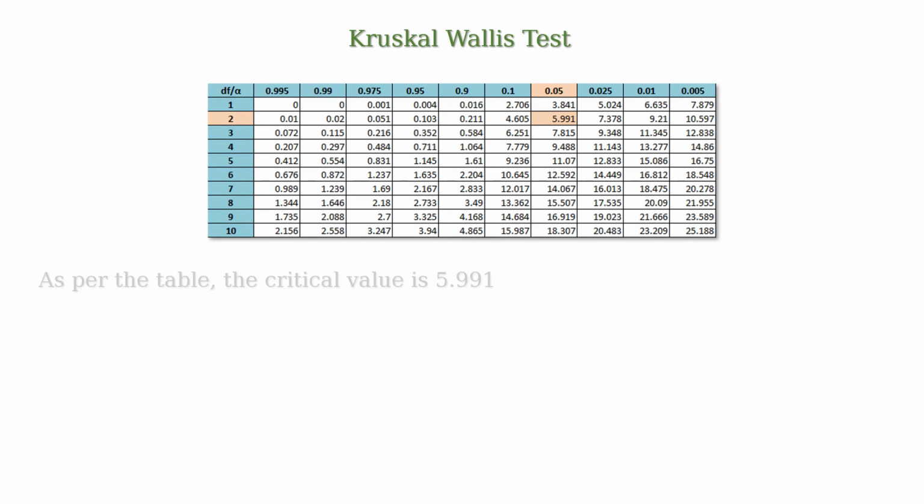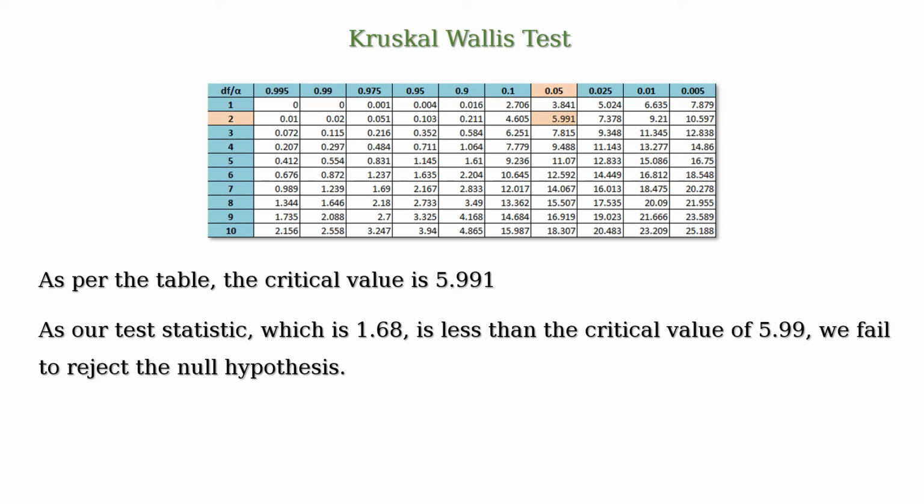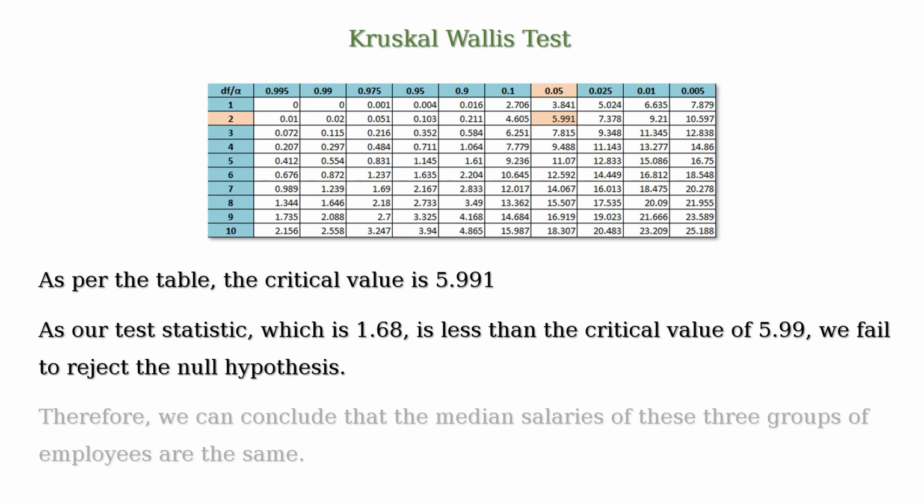From the chi-square distribution table, the critical value for 2 degrees of freedom and alpha equal to 0.05 is equal to 5.99. As our test statistic, which is 1.68, is less than the critical value of 5.99, we fail to reject the null hypothesis. Therefore, we can conclude that the median salaries of these 3 groups of employees are the same.